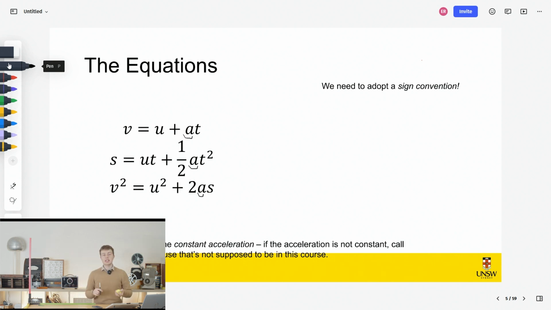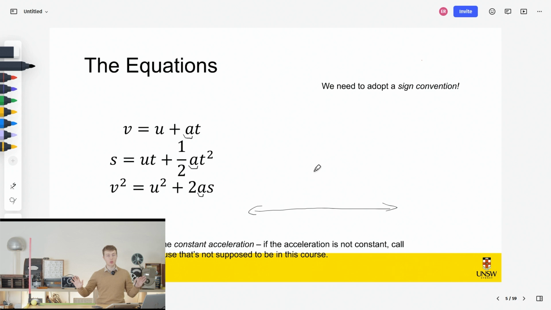Now, the second thing is you'll notice that there are no vector hats on these equations, right? And that is for 2 reasons. The first is that we're going to begin with one-dimensional motion, right? We're going to begin with motion along a line, right? We're going to begin where you can either be going forwards or backwards.